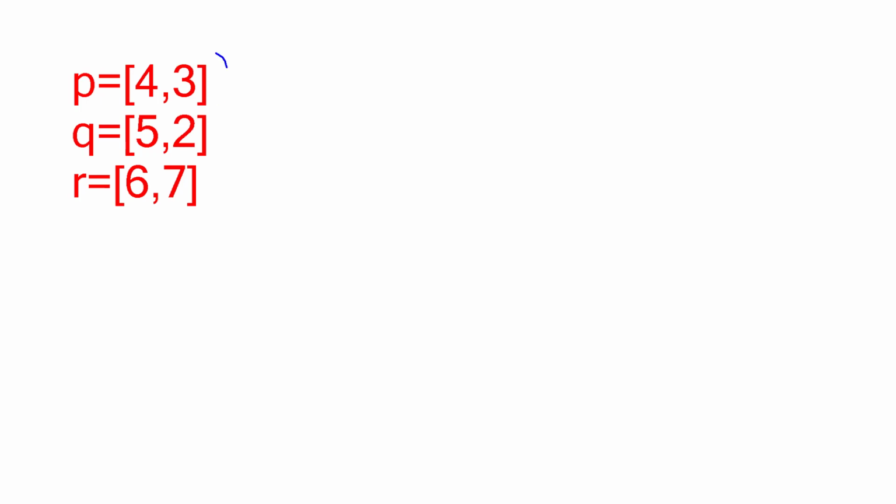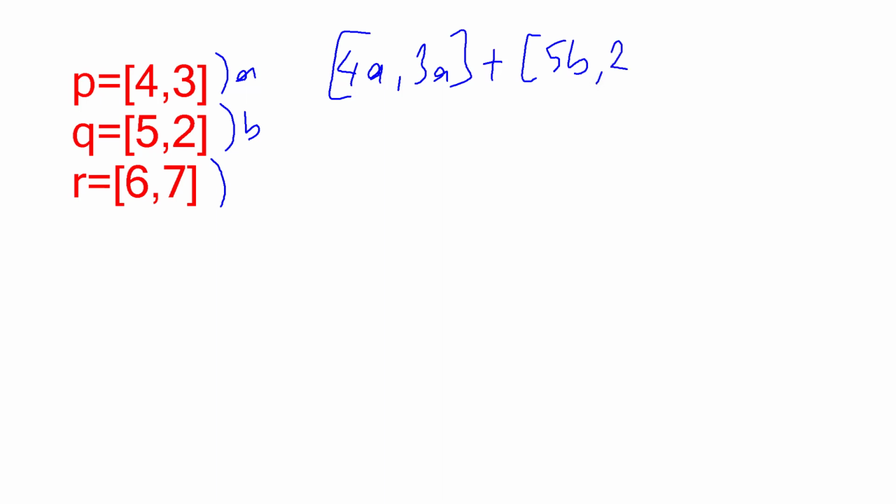I'm going to multiply p with a, q with b, and r with c. And I get (4a, 3a) plus (5b, 2b) plus (6c, 7c). And I'm going to set this to be equal to the zero vector.